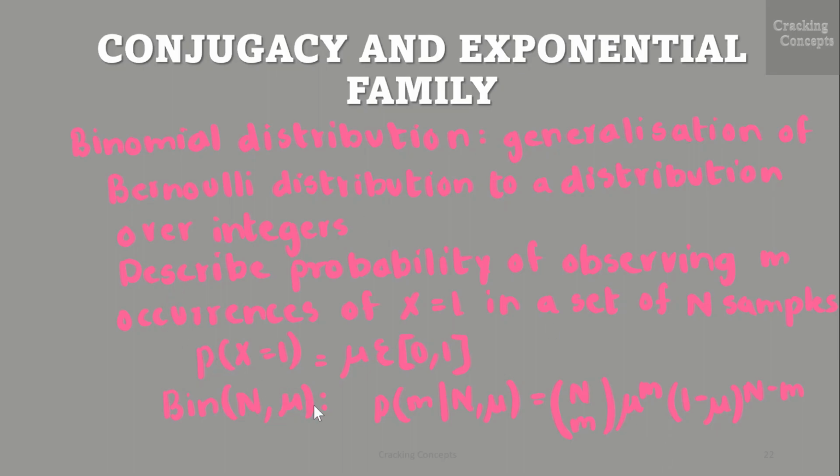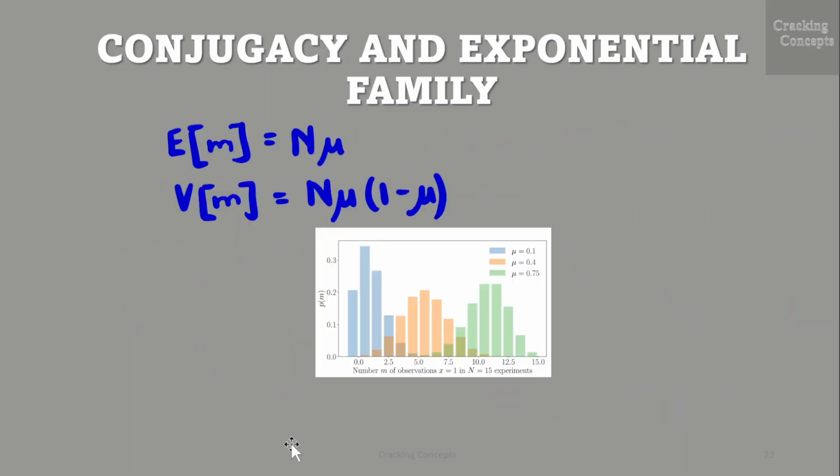Now, a binomial distribution with n comma mu is defined as p of m given n comma mu, n choose m, mu raised to m into (1 minus mu) the whole raised to n minus m, where expectation of m is n mu and variance of m is n into mu into (1 minus mu).